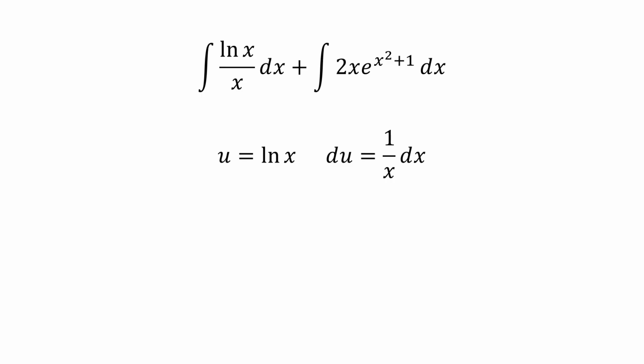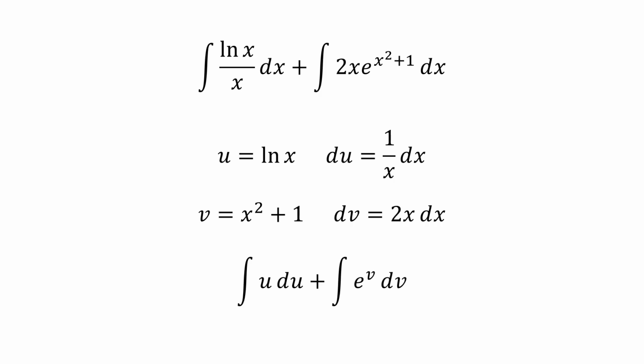To evaluate the second integral, we let v equals x squared plus 1. Our differential is then dv equals 2x dx. Plugging in these substitutions, we obtain the integral of u du plus the integral of e to the v dv.